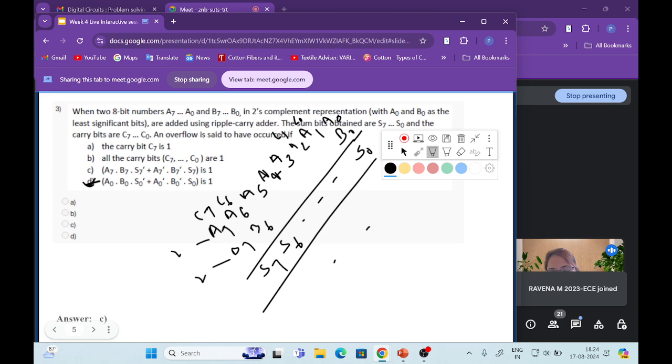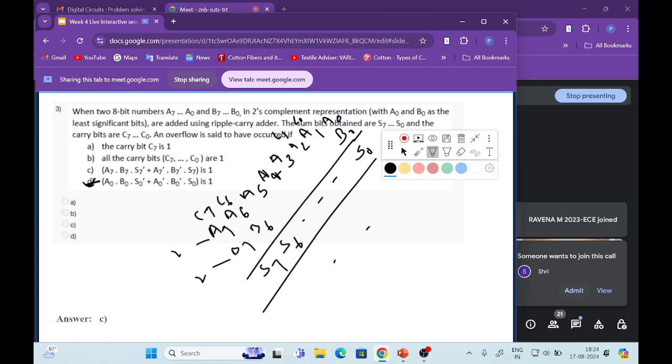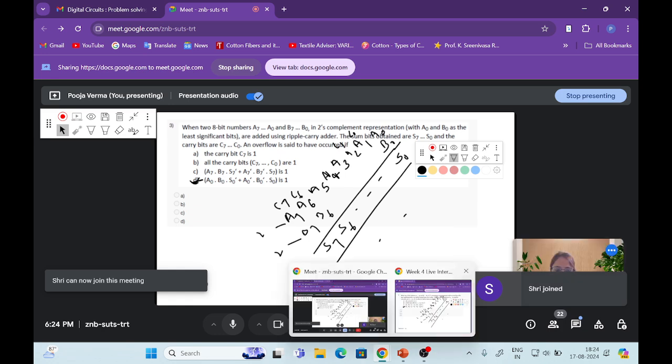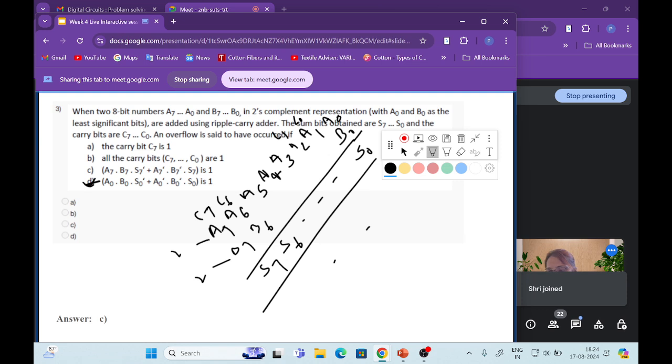In that case, the carry will occur. This is one case where a carry can be generated. When you add 1 and 1, S7 will be 0, and C7 will have one carry, that will be 1. In that case, C6 can be 0 or it can be 1.